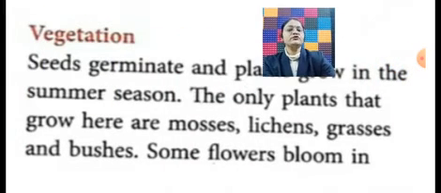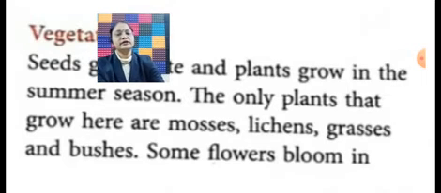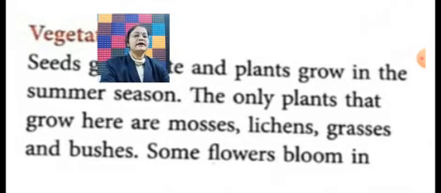Now let us talk about vegetation. Seeds germinate and plants grow in the summer season. Summer season में plants grow हो जाते हैं, seeds germinate हो जाते हैं, seeds में से अंकुर निकलने लग जाते हैं. The only plants that grow here are mosses, lichens, grasses and bushes.